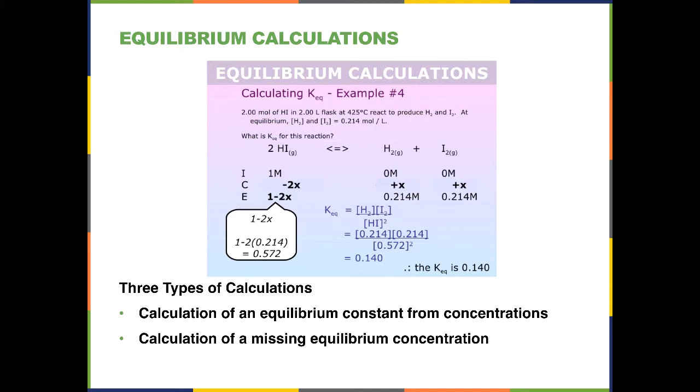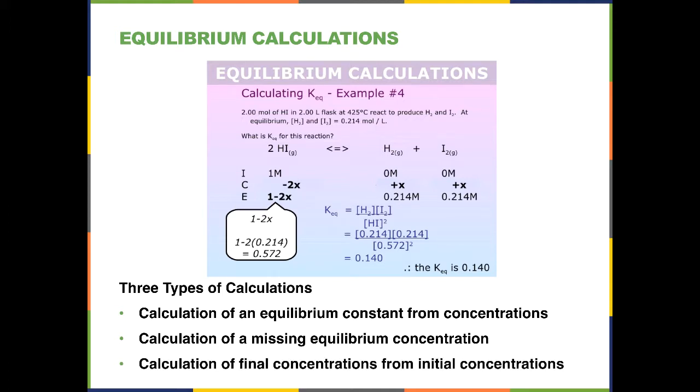For example, let's say I told you the equilibrium constant was 0.14 and the concentrations of hydrogen and iodine are 0.214 and 0.214, and you're asked to calculate the equilibrium concentration of hydrogen iodide. Or you could calculate final concentrations from initial concentrations. I'm going to do a couple examples of these, and then in class, if you still have questions, we can go through some other calculations.